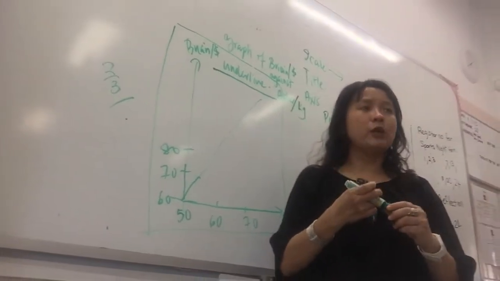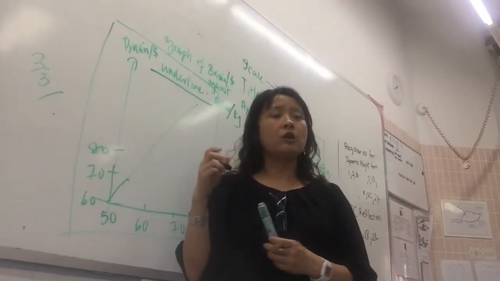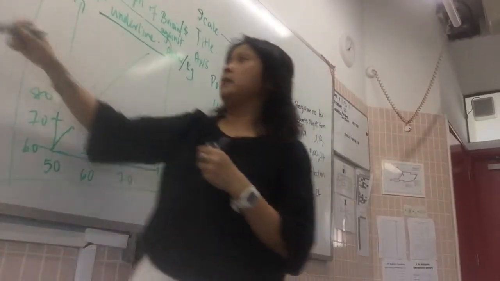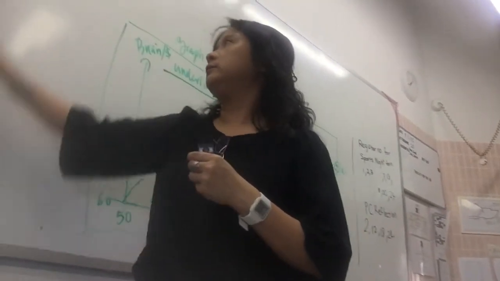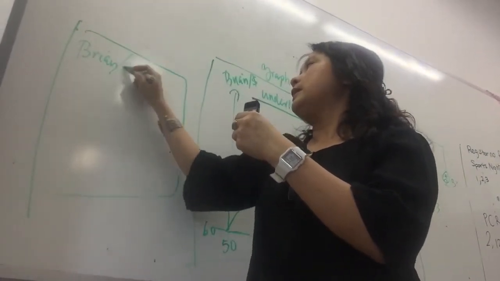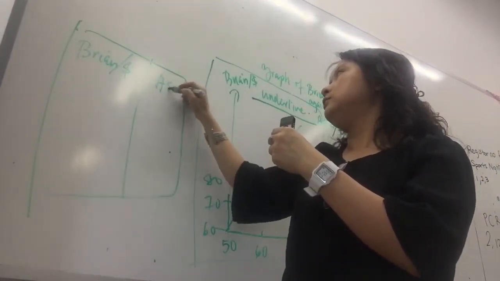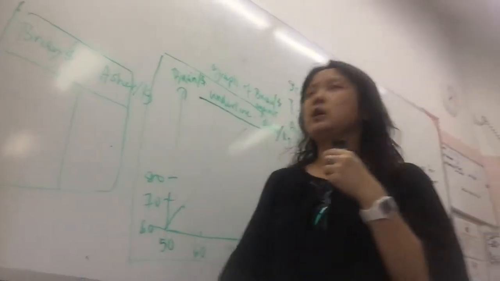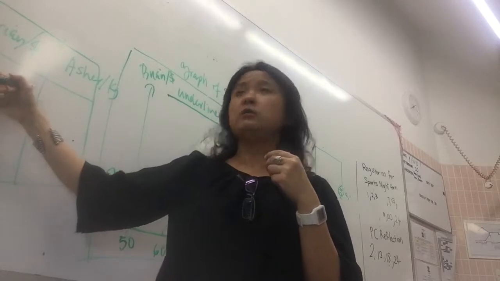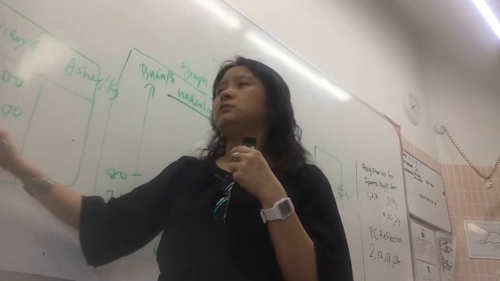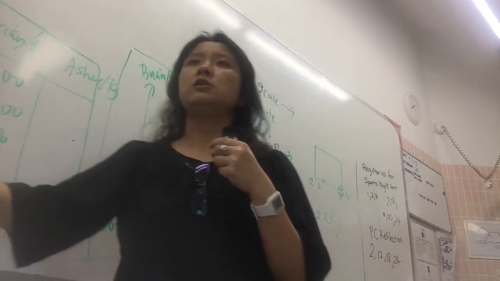Now, another thing I need to tell you about labeling your axis. If your table has, say, Brian's money and Asher's kg, you label Brian/money and Asher/kg. Let's say Brian here, $10, $20, $30.